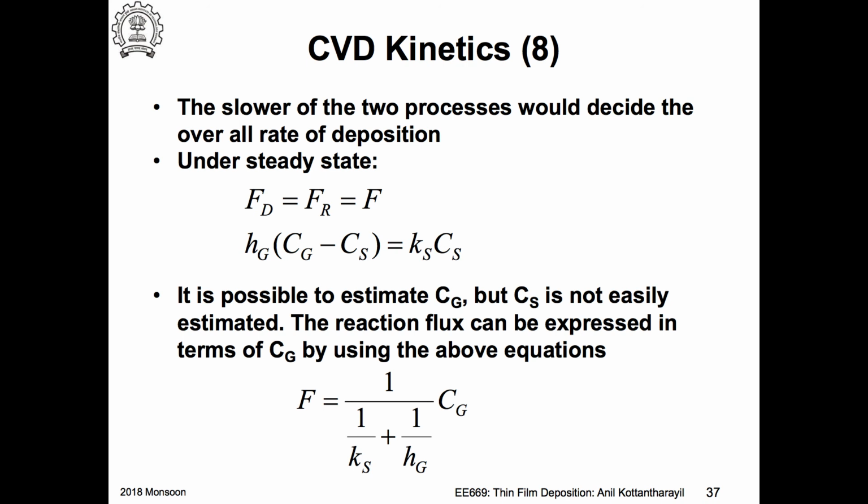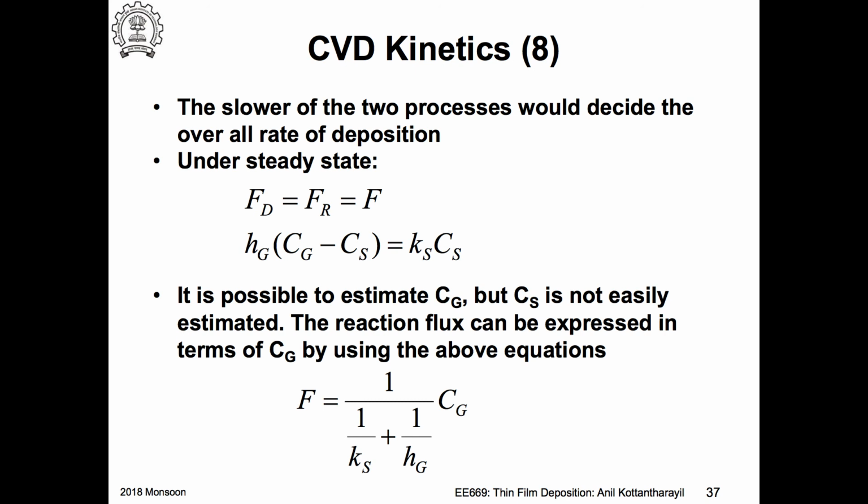So then it is possible to write this flux, steady state flux, as this. So you have Cg, the concentration of the reactants in the main gas flow, divided by 1 by Ks, where Ks is the reaction rate constant, and 1 by Hg, where Hg is the mass transfer coefficient.